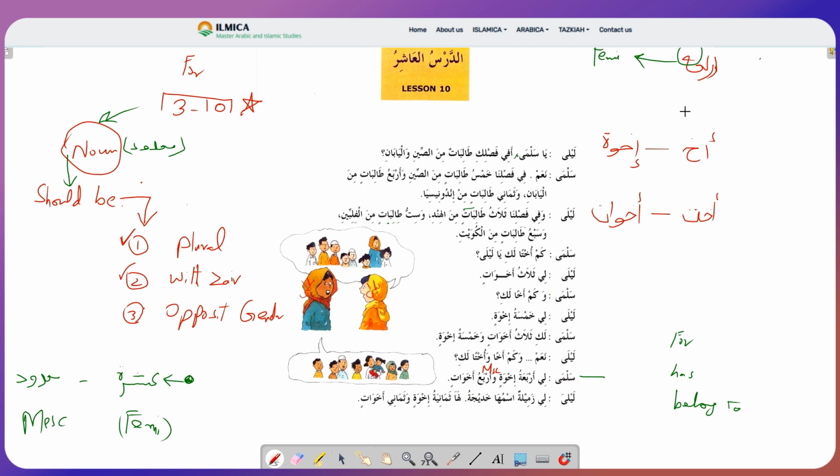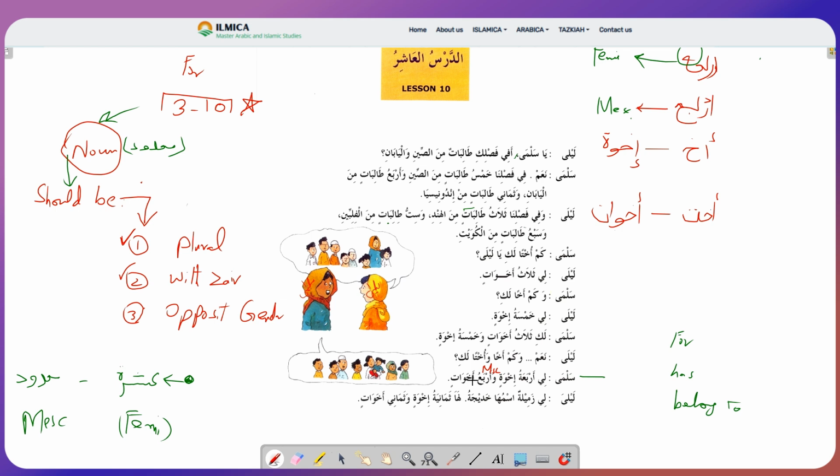But when this word is without the round ta, just arba'u, it is also a number, but there is no round ta at the end, so it is considered a masculine word, not a feminine word.